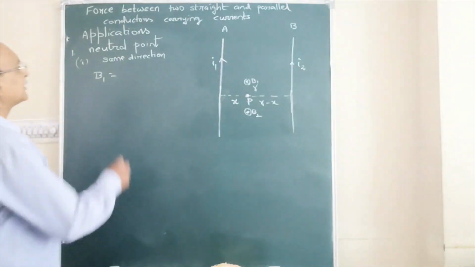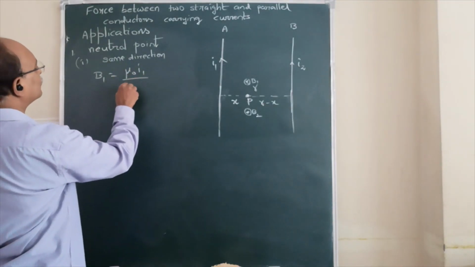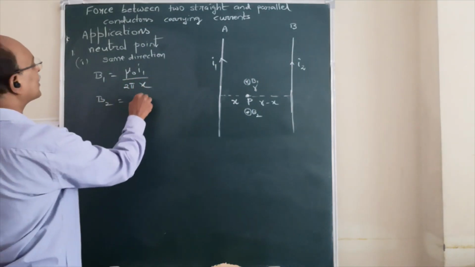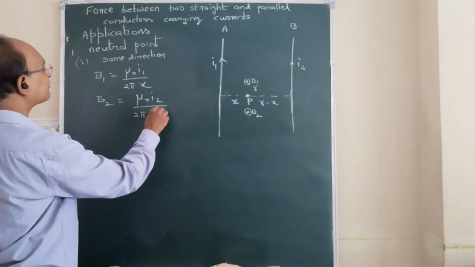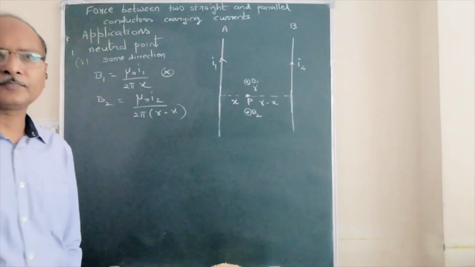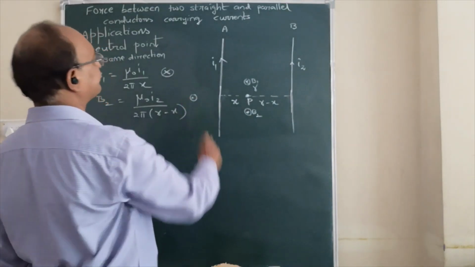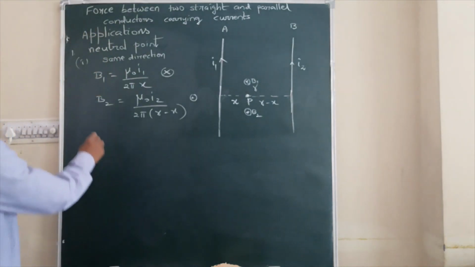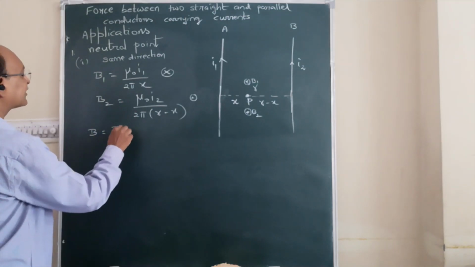So B1 = μ0 I1/2π x, and B2 = μ0 I2/2π (r − x). B1 is into the plane and B2 is coming out of the plane. Because they are opposite, the net magnetic field will be B1 − B2.